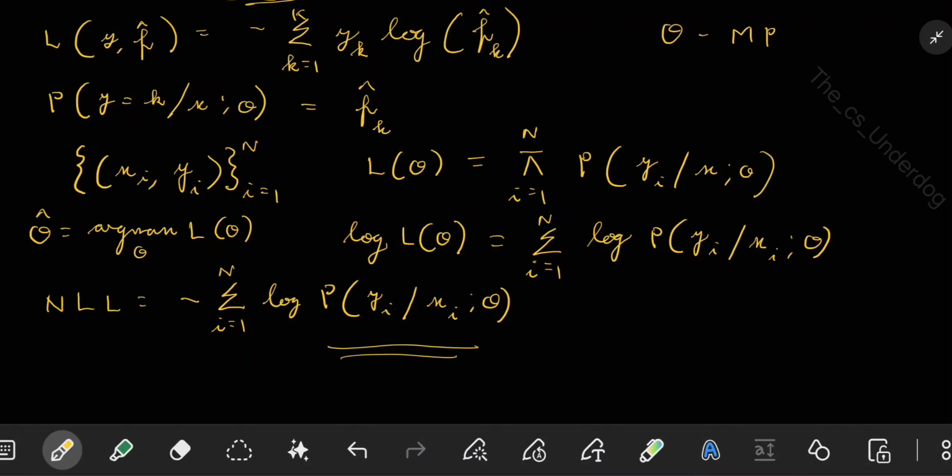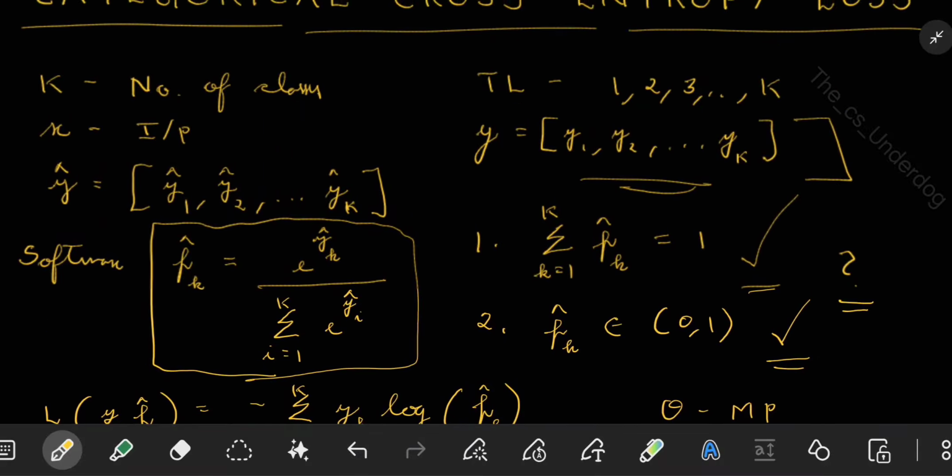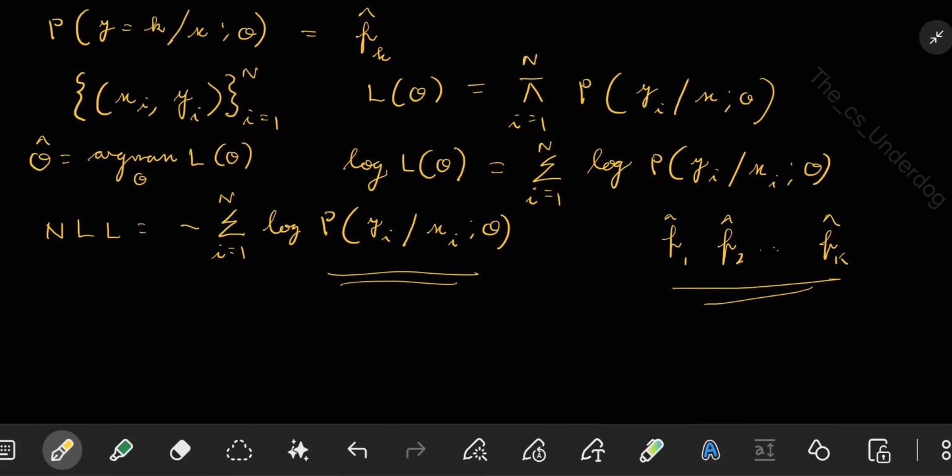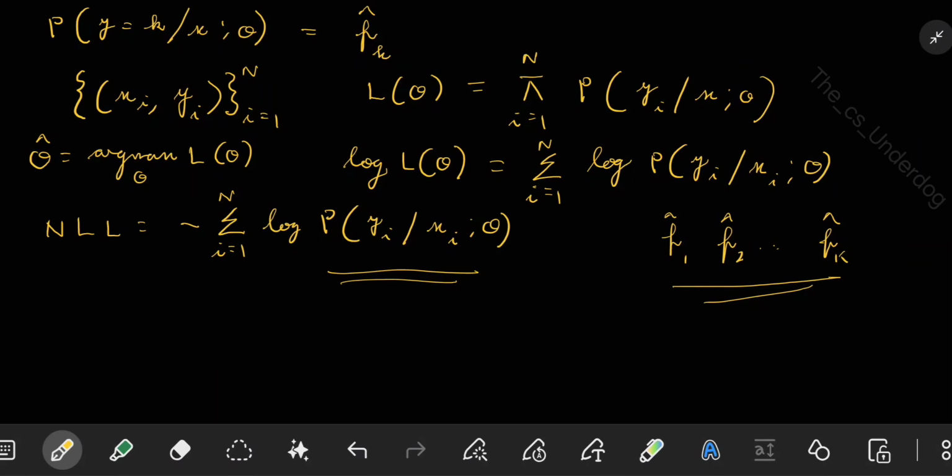That is, you have probability of each class, that is p1 cap, p2 cap up to pk cap. All these probabilities you are having because you computed here. So you have the probability of each class with you. But what do you want? There will be one particular class k which is the true class.